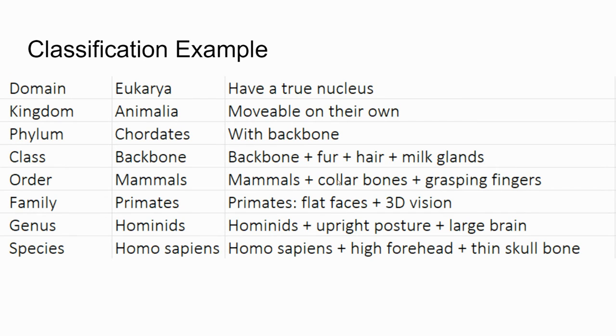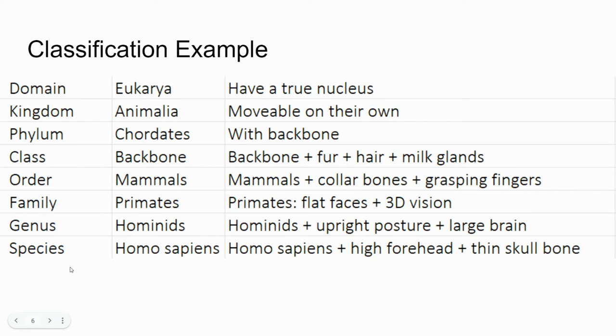We also have collarbones and grasping fingers. For family, we are primates, so we have flat faces and 3D vision on top of all the things above. Our genus is hominids because we have an upright posture and a large brain. A gorilla, for example, doesn't have an upright posture, so it's not a hominid.